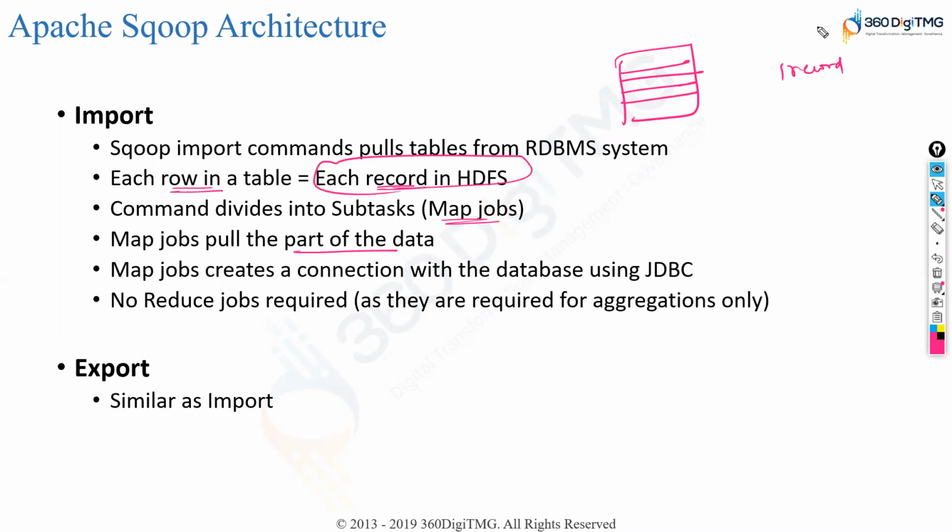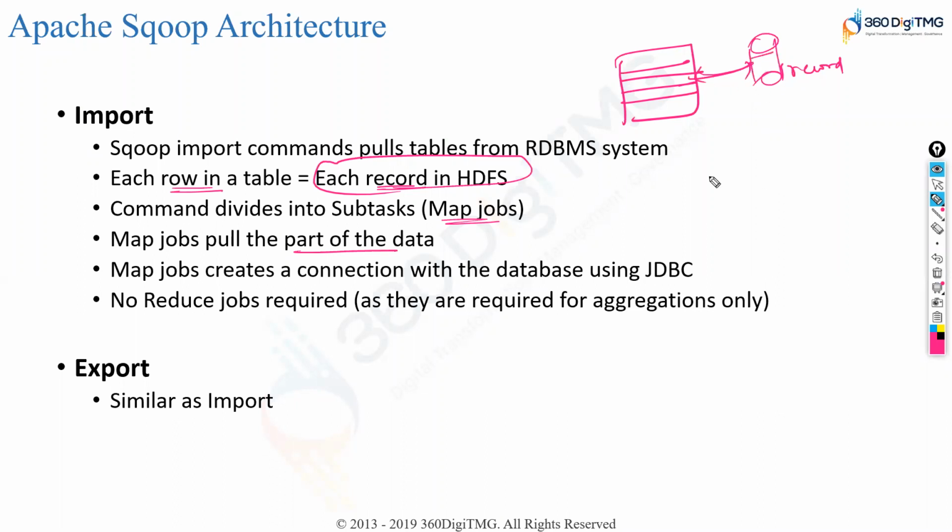Then the map job creates a connection with this database. So it connects via the JDBC connector and then pulls the records.